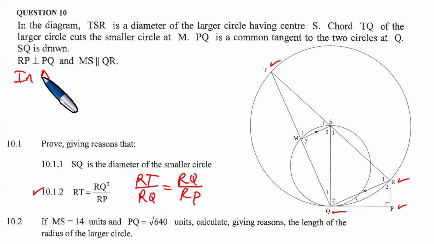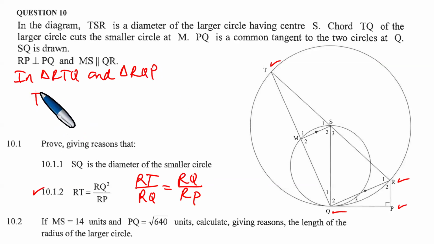So in triangle RTQ, in triangle RQP, we note that the angle T is equal to what? The angle T equals the angle Q3.